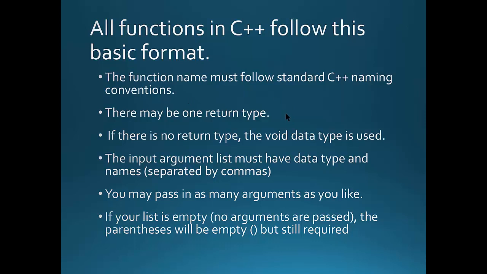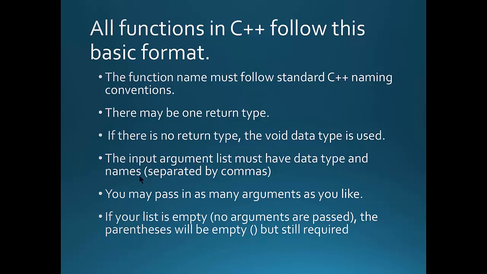There may be one return type. Functions only return one thing, and that return type is going to be a type like integer, float, double, those types of things. If there's no return type, there's a special return type for that in functions called void. So even if you're not returning anything, you still have to have a return type declared. You're just going to declare the function as void.